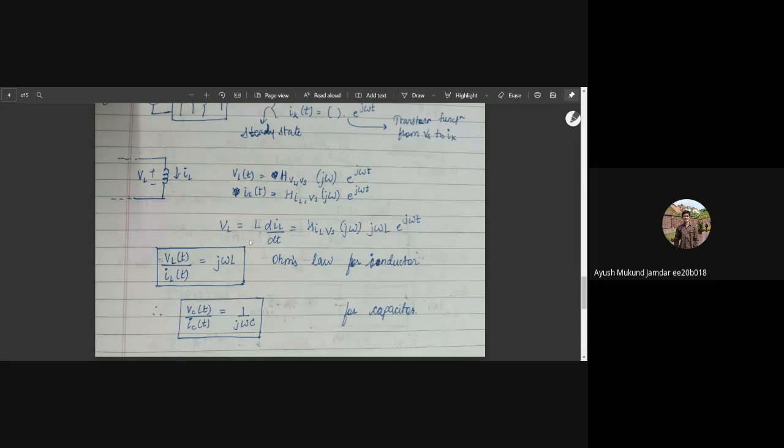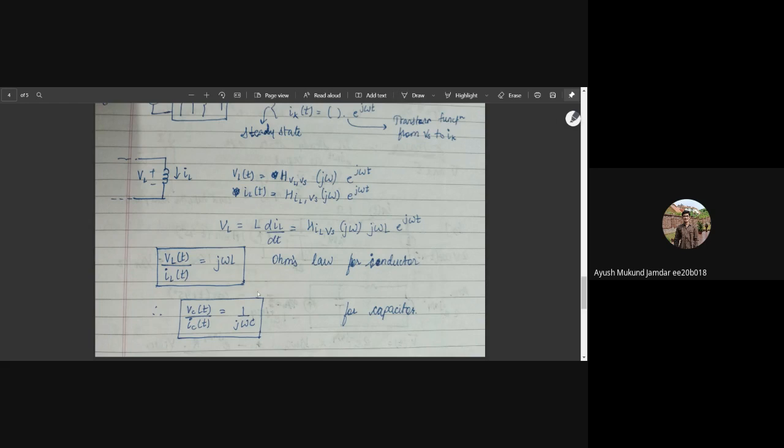Now the property of the inductor, VL is L di by dt, gives VL equal to h of IL Vs times j omega L into exponential j omega t. On comparing these equations, we find that the ratio VL of t by IL of t turns out to be j omega L, and for a capacitor, it turns out to be 1 by j omega C.